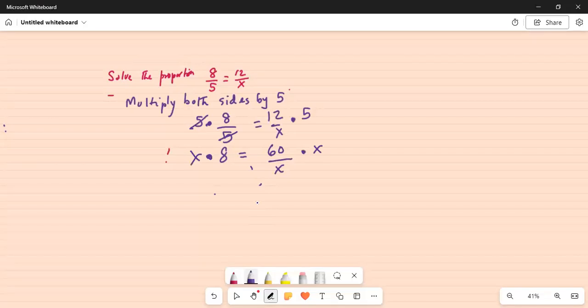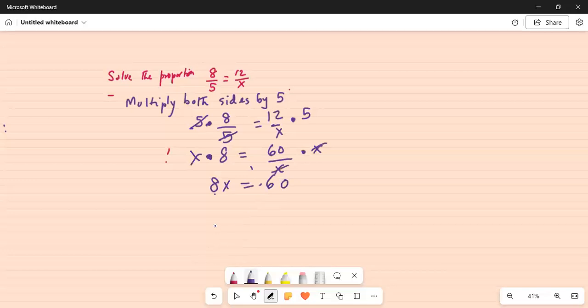That's why the name is equation, and that's why the equal to sign is. If you multiply by one thing on the right, you unbalance it. It does not become an equation anymore unless you multiply by the same term x on the left-hand side also. Now on the right-hand side, x is in the denominator, x is in the numerator. They cancel out. So I have on the left-hand side, 8x equal to 60.